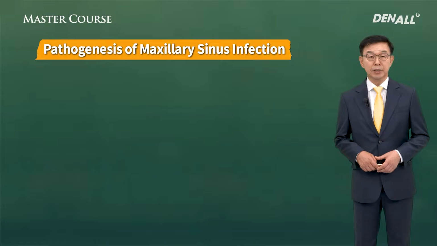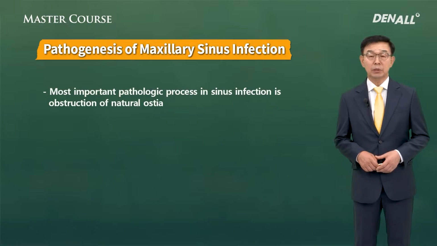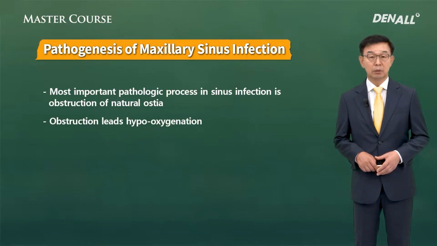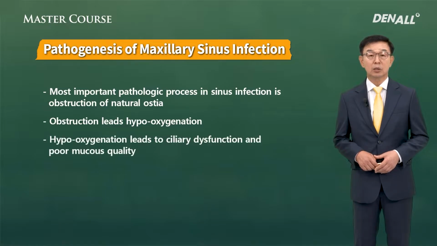The cause is primarily related to blockage of maxillary ostium, which is connected to the sinus and the nose. Such obstruction can lead to hypooxygenation, and this can lead to reduced function of sinus.